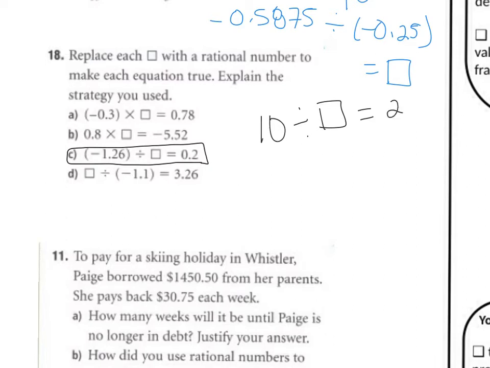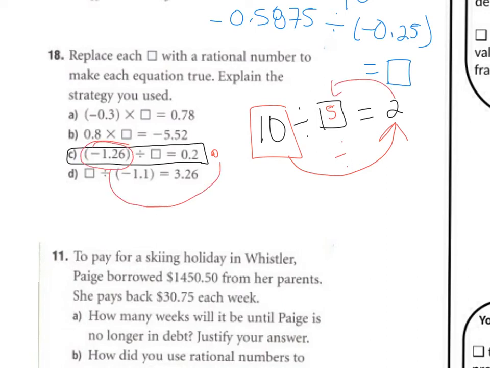Well, we know this answer is 5. But if I don't know it, because obviously this answer is a lot more challenging, I can take this number divided by that number to give me 5. So let's take this number divided by this number, and I'll get that number. And that's how a lot of these questions will work.